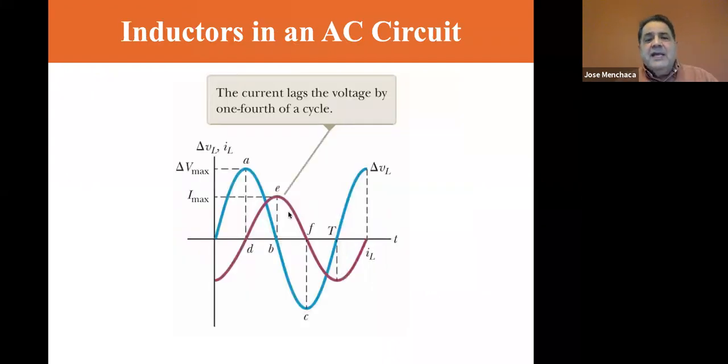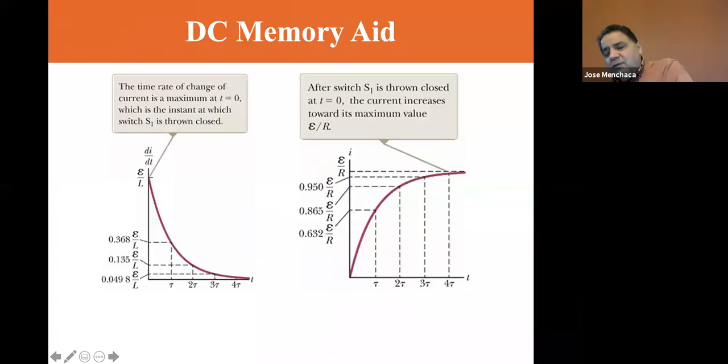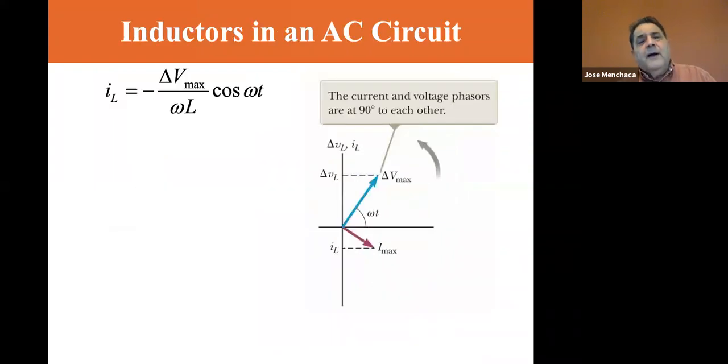Now let's go back here and look at it from A to B. Certainly the voltage is max and the current is 0. As the voltage decreases, the current increases, and that's what we see here.